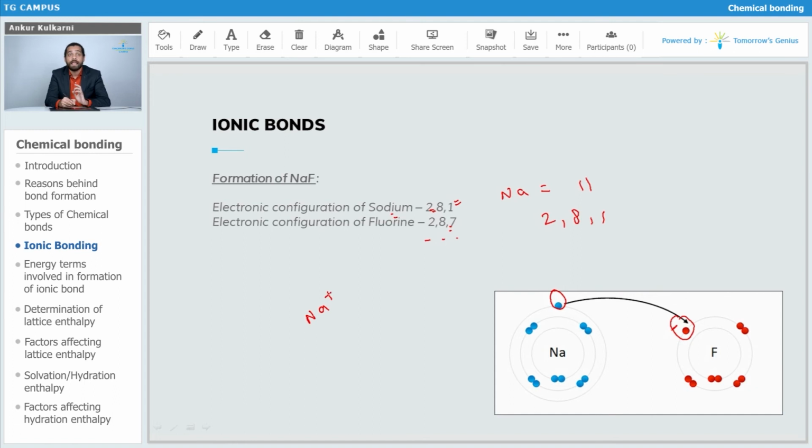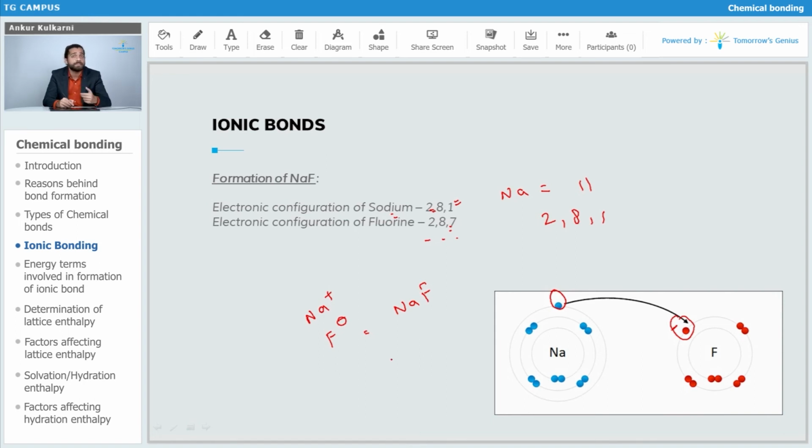When you accept 1 electron, you get F-. Again you can see there is a formation of charges, and this leads to the electrostatic force of attraction, which is nothing but your ionic bond. I hope the ionic bonding in sodium fluoride, that is NaF, is clear to you.